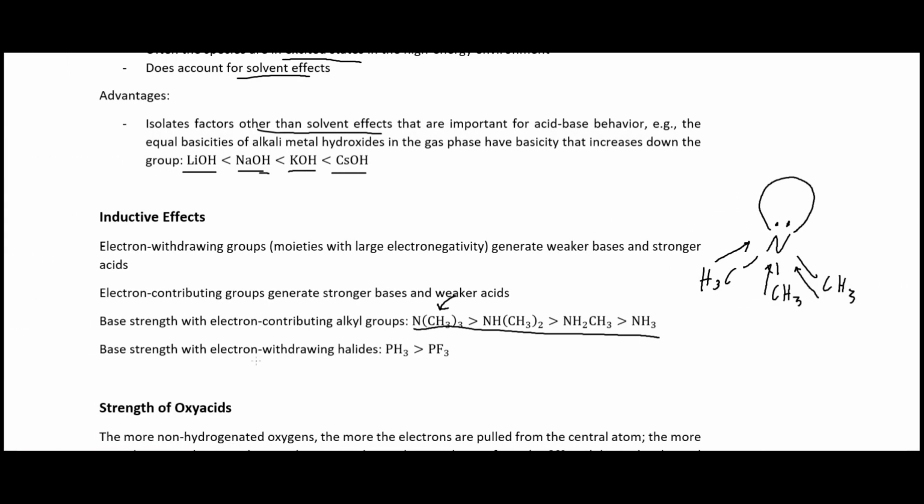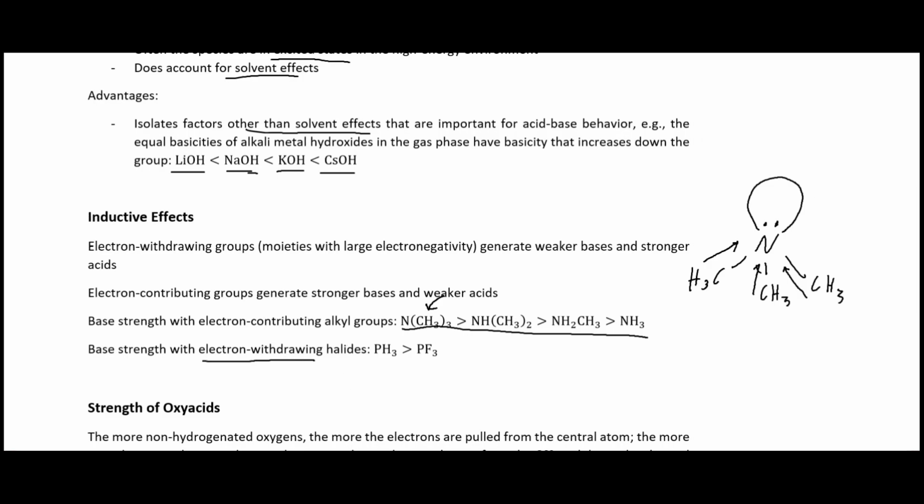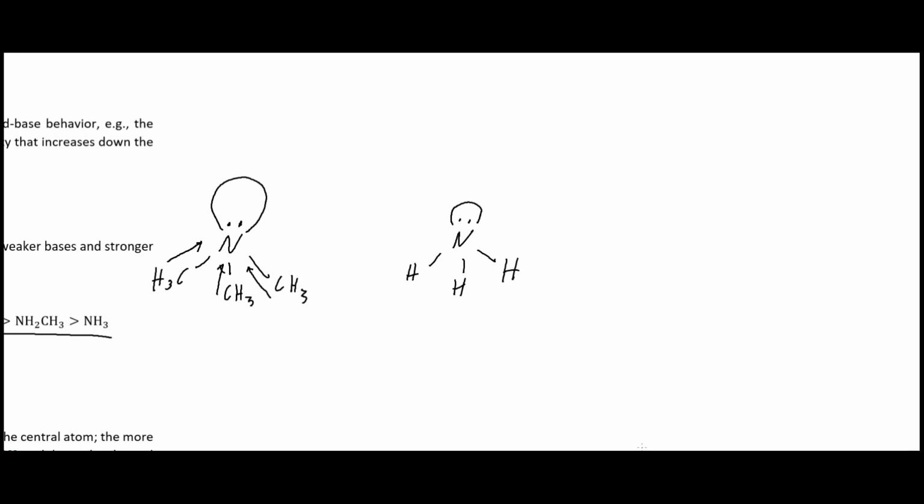And in the opposite direction, if we have these electron withdrawing groups such as halides, that will have the opposite effect. I guess I have phosphorus there, but we could think about it in terms of nitrogen as well.